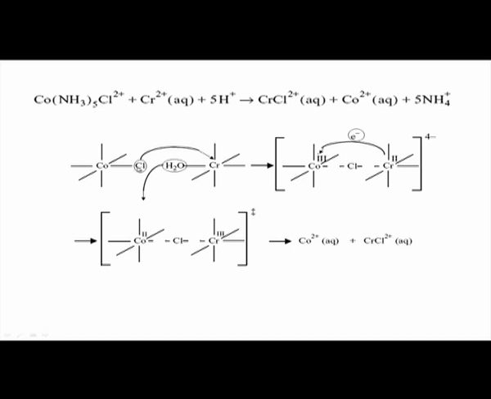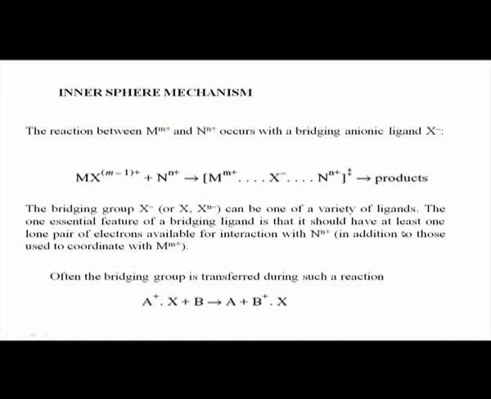Chlorine has a lone pair of electrons. As I mentioned over here, the bridging ligand should have at least one lone pair of electrons available for interaction with Mn+, in addition to those used to coordinate with M+.